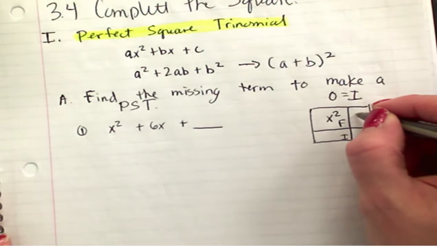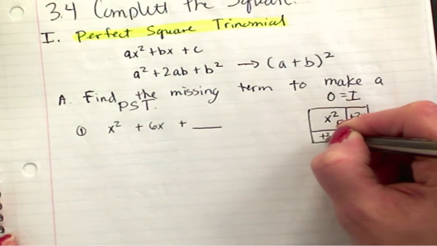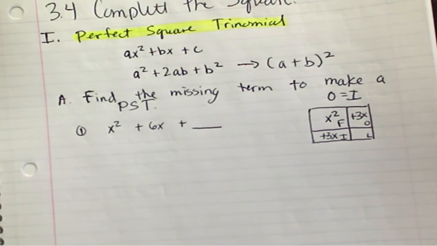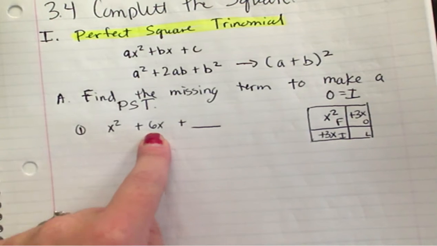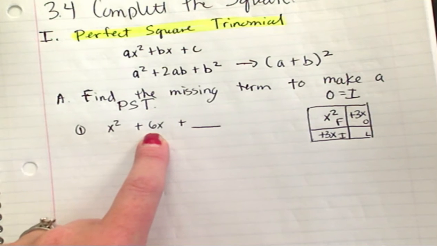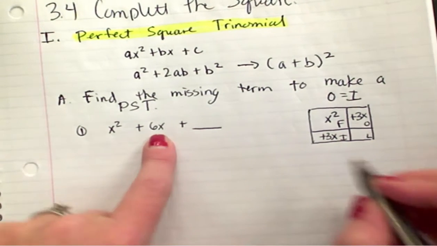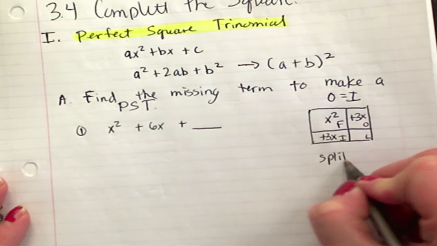Why did you pick 3x? It's correct. Why did you pick 3x? Because that's how you get to 6x, adding the same thing twice. You have to pick the same number. Okay, so we split the middle term evenly.